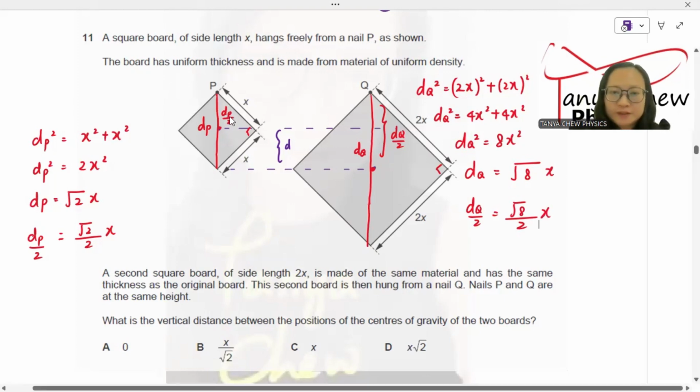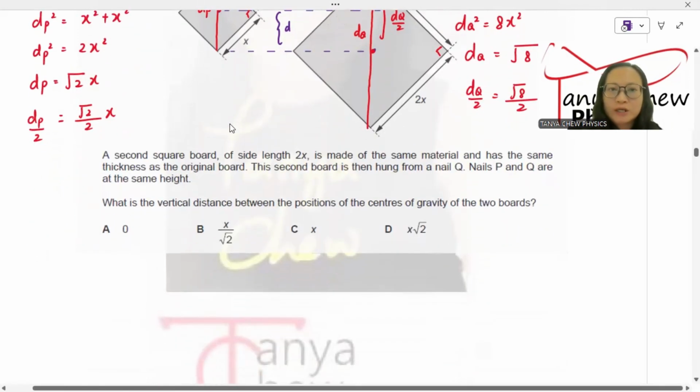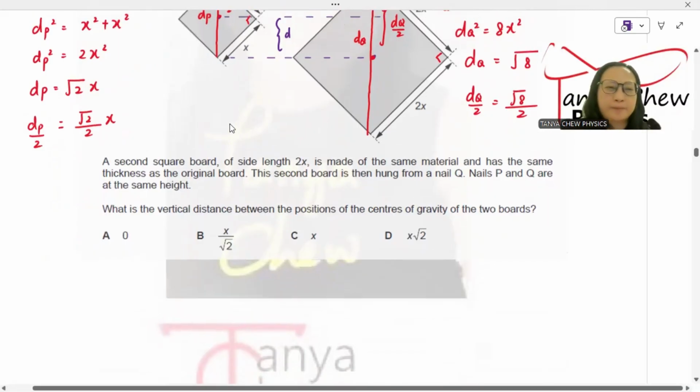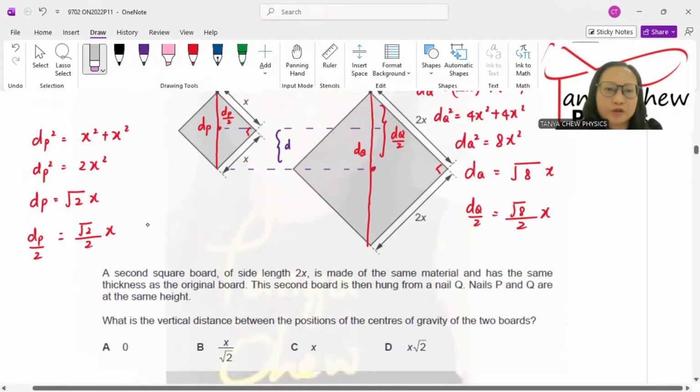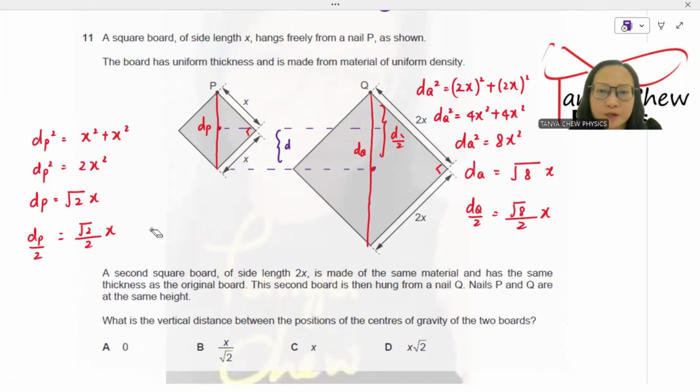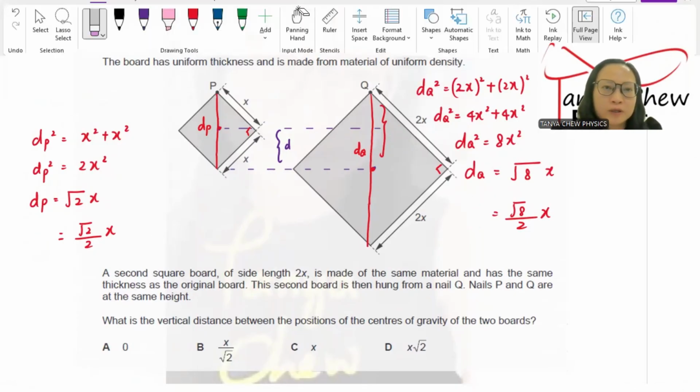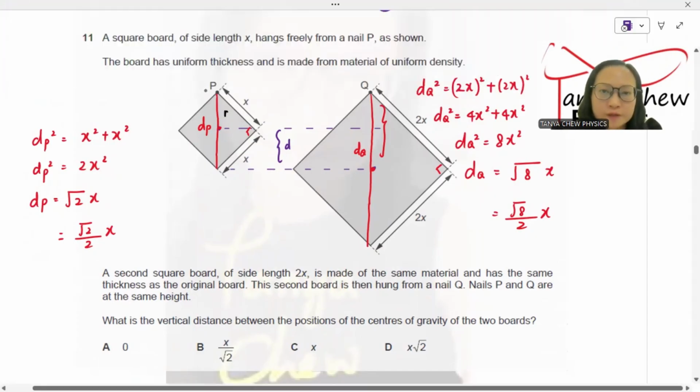So the vertical position is the difference between dq over 2 and dp over 2. Or I put this with another name, I put r. I don't want to confuse you with the 2. So I want the radius. Just put the radius r. So I call this r, not to confuse.